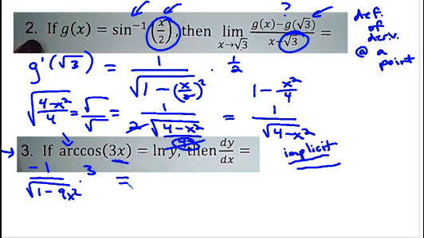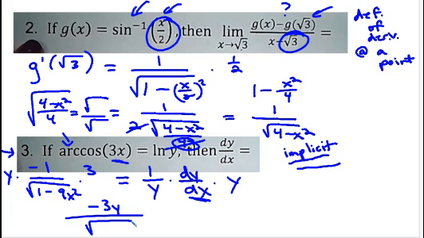On the right side, I'm going to have 1 over y times dy/dx. And if I'm going to solve for dy/dx, I just multiply both sides by y. And I have a final answer of -3y over the square root of 1 minus 9x squared.